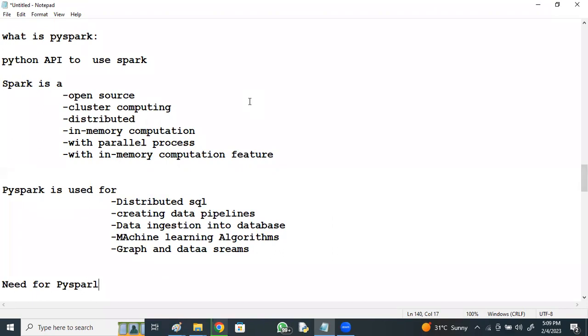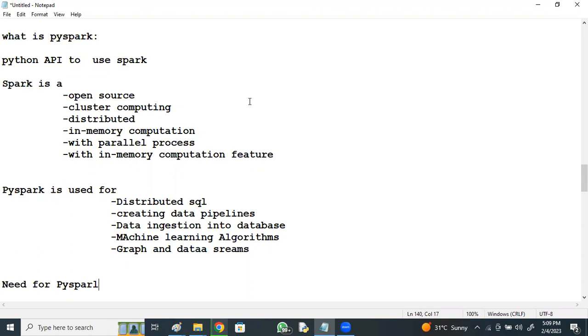So we require efficient tools to perform different types of operations on this huge data or big data, right? There are various tools already available to perform operations on huge data sets, but those tools are not so appealing.